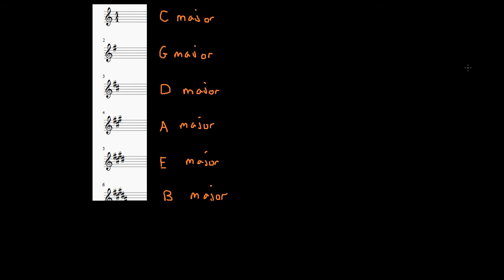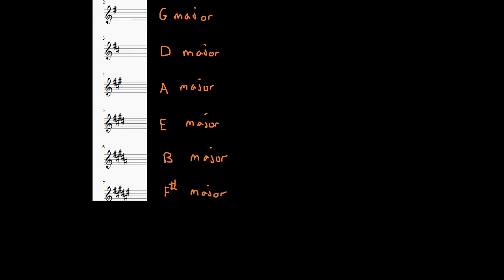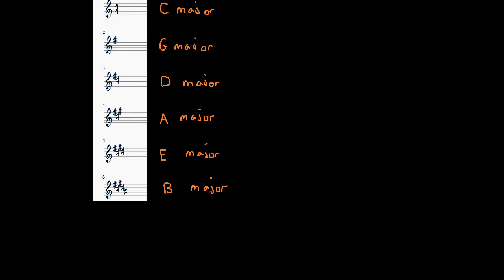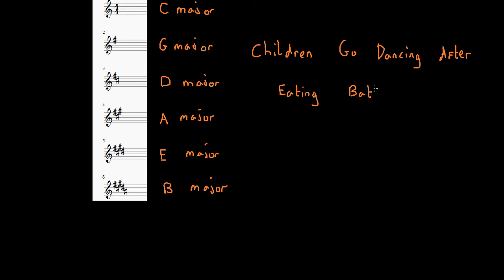So this might seem quite difficult to learn off. You've got a lot of letters there. When I was learning this, I was taught a little mnemonic that helped me remember the order of the different keys. It sounds a bit silly, but it might help you learn it: Children Go Dancing After Eating Battered Fish.